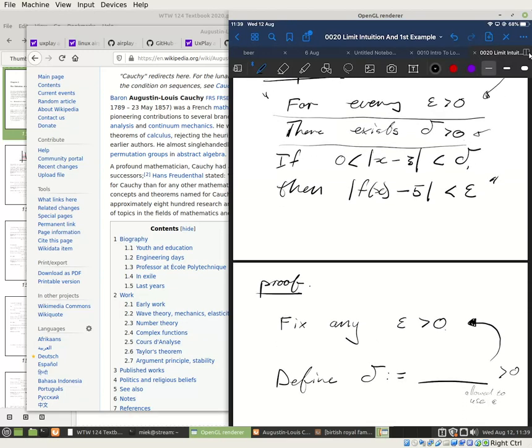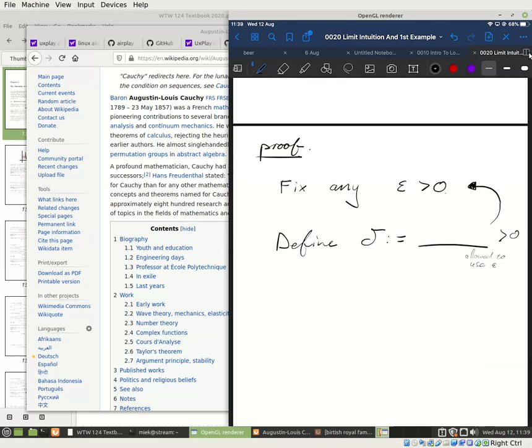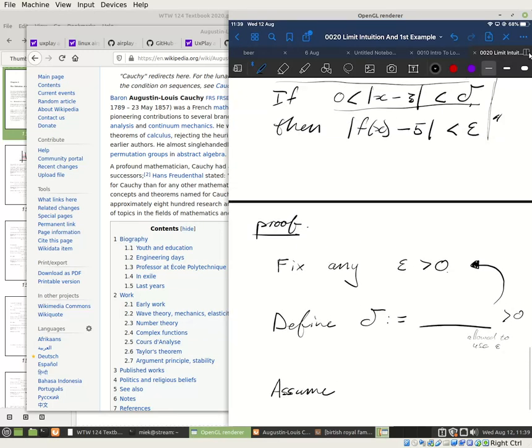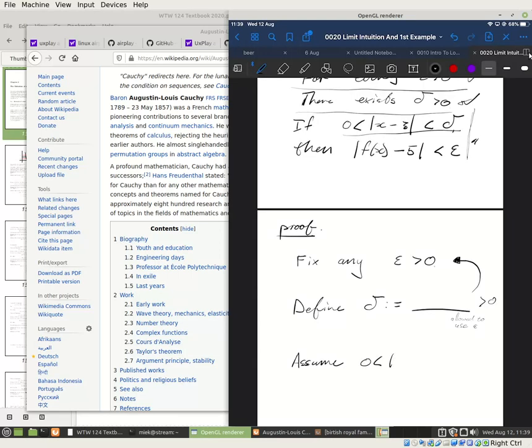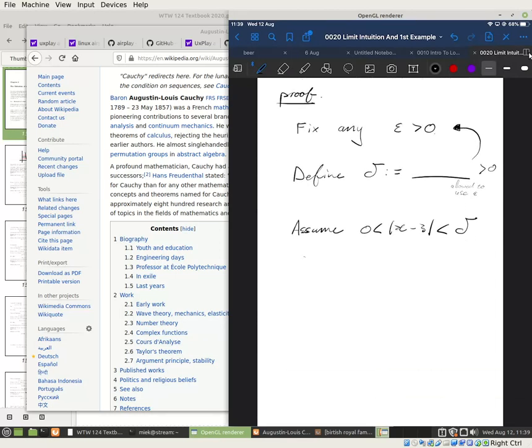Okay, and so now we are done with that part and that part. Then we want to prove this implication. So we want to show that if this holds, so we assume that 0 is less than the absolute value of x minus 3, which is less than delta. And now here we want to do some work, and we want to somehow conclude that the absolute value of f of x minus 5 is less than epsilon.